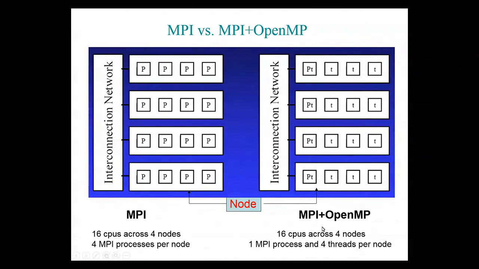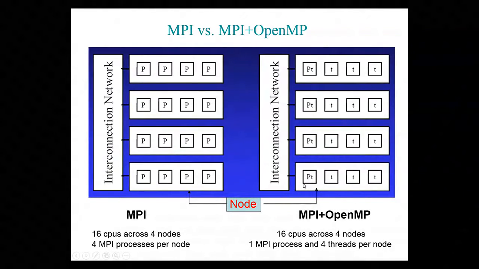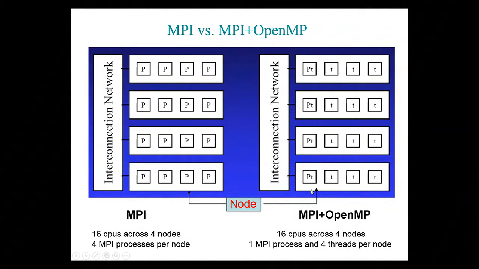With MPI and OpenMP, we still use 16 CPUs working for your code, but on each node we only start one MPI process, and this one MPI process opens 4 threads.